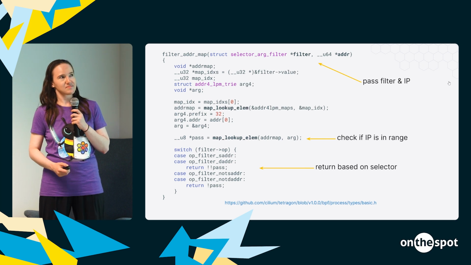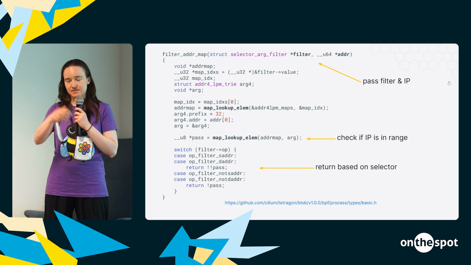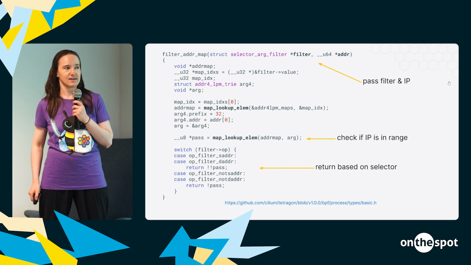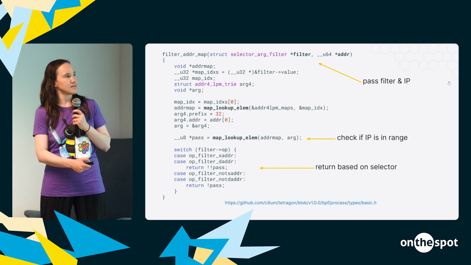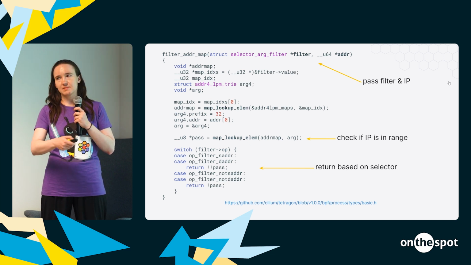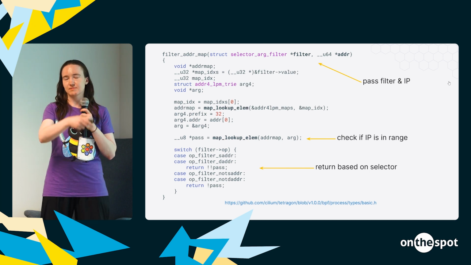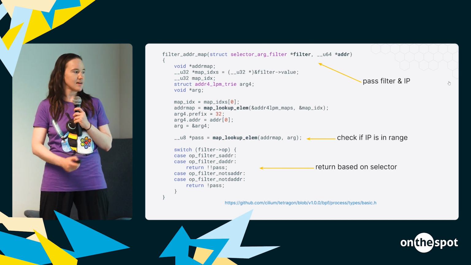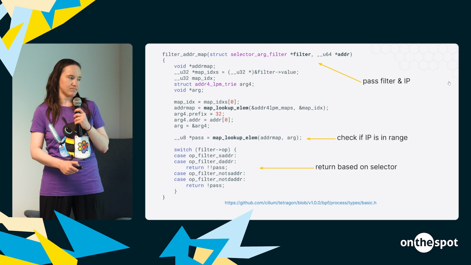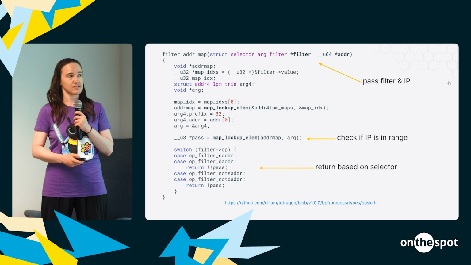So I get this IP that is going through the network stack. We do some map lookups here and here to check if this IP matches the configuration, which was previously stored in BPF maps, and then we return whether we should ignore it or not.